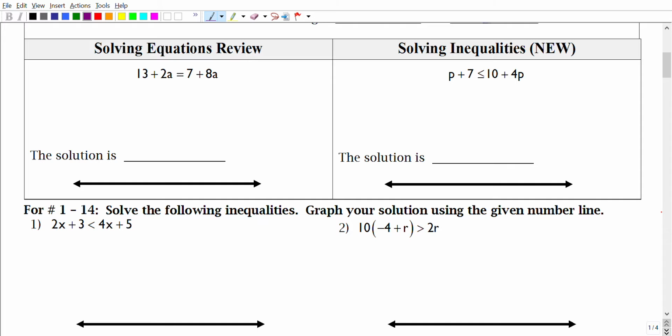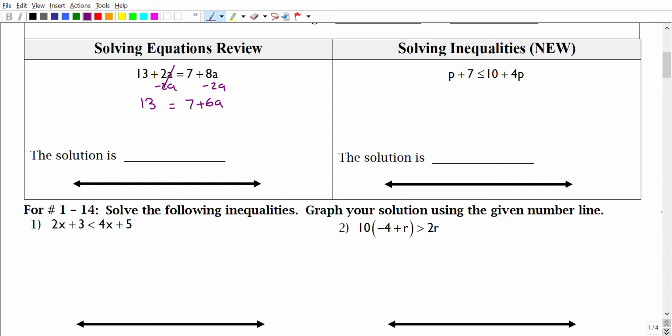We have two sets of variables: a 2a and an 8a, which means we have to move one of them. Our general rule of thumb is to move the smaller one, so I'm going to subtract 2a. I get 13 equals 7 plus 6a, and this just becomes a SADMAP problem.